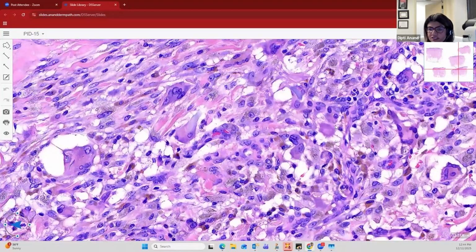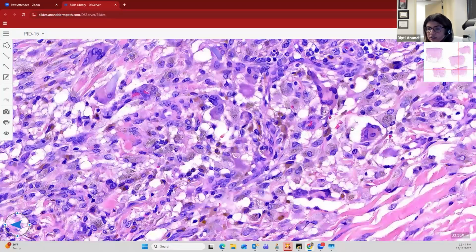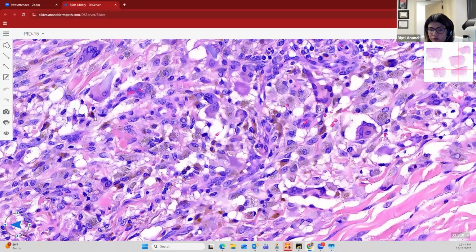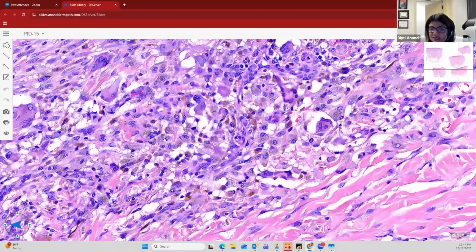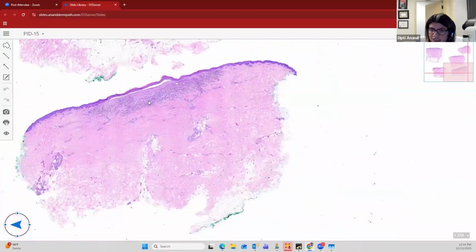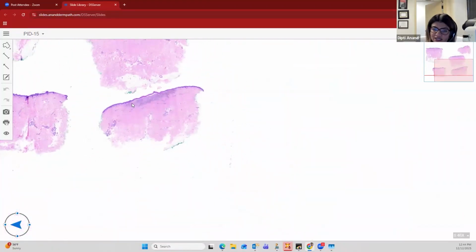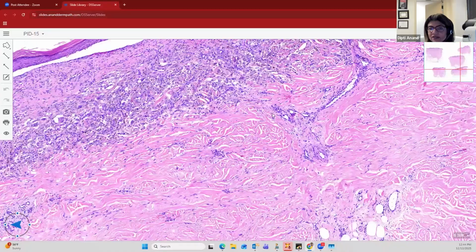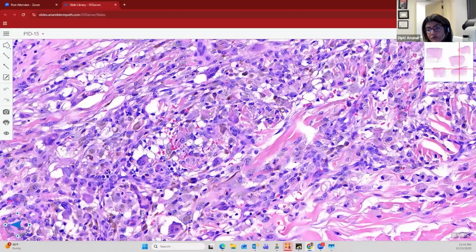You can see that all of these are very activated epithelioid histiocytes. Some of them are multinucleated cells as well with prominent nucleoli. But look at it in the entire context. You can see that there is clearly a scar of previous procedure. There's effacement of the reedy ridge pattern, and the entire lesion is localized to that area. And this can really fool a lot of people.